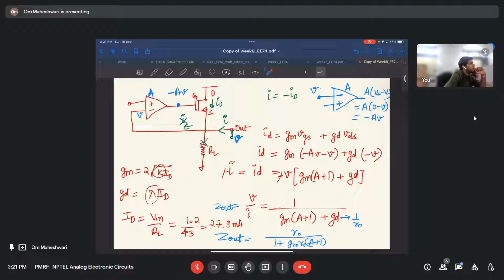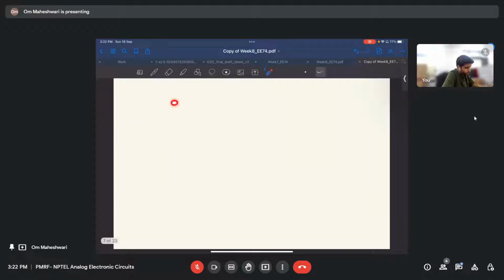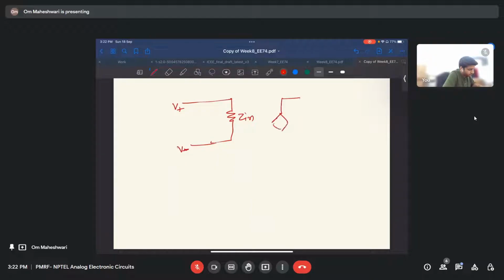Yes, you can make an equivalent circuit for an op amp also. But it requires many parameters, let me show. If you make an op amp, there's something called Z in. If this is, let's say, V plus and V minus, then you will have A times (V plus minus V minus), and there will be some Z out also.